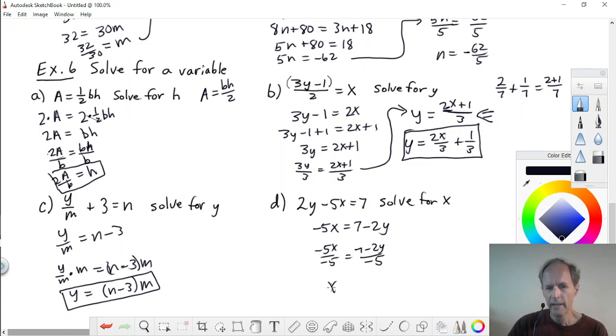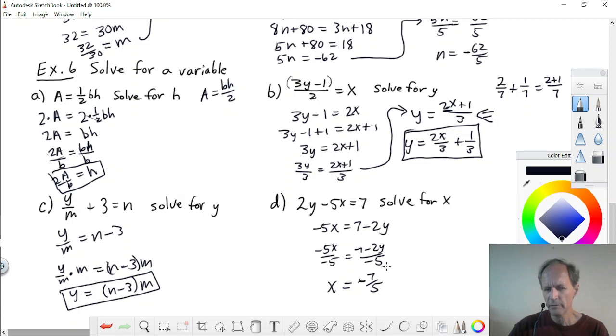Okay, on the left you have x. And again, you could split that up, but you don't really have to. So we would split that up as -7/5, because 7 over -5 can be written -7/5.